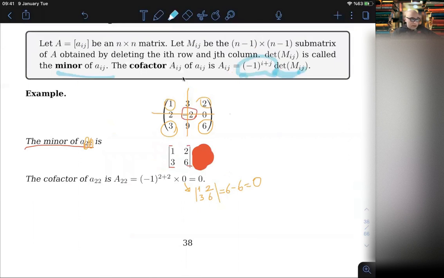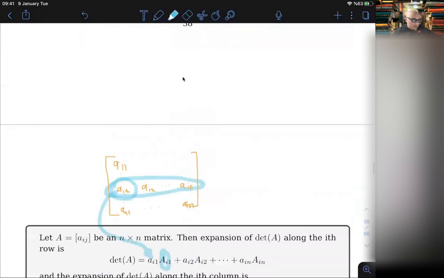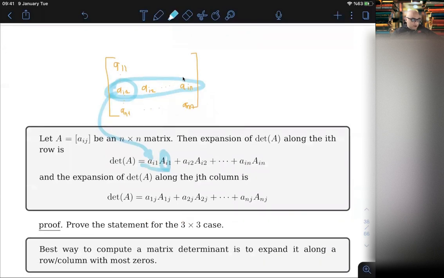We will do examples, and you will see it. Then you carry on with the second element, multiply it with its cofactor, and add them, and you carry on until the end of the ith row. That will give you the determinant.